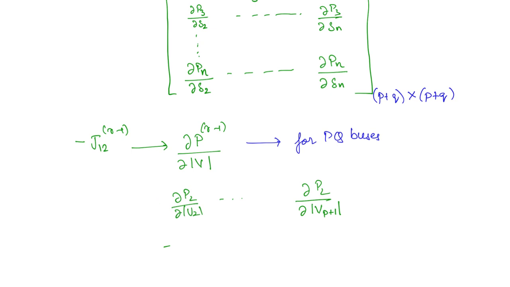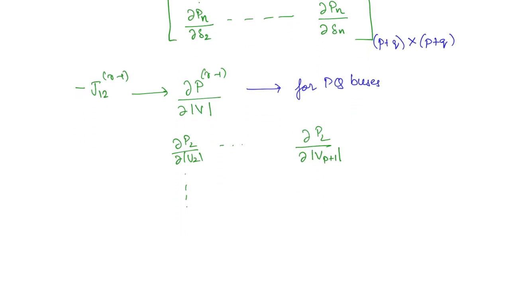It continues till ∂Pn, ∂V2, and so on till ∂Pn, ∂V(p plus 1). Here the subscript is p plus 1.